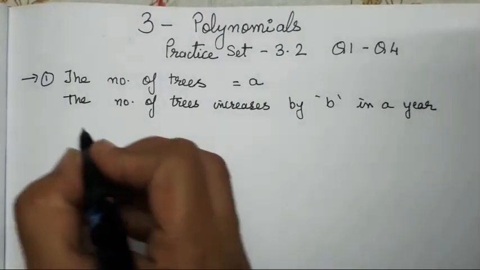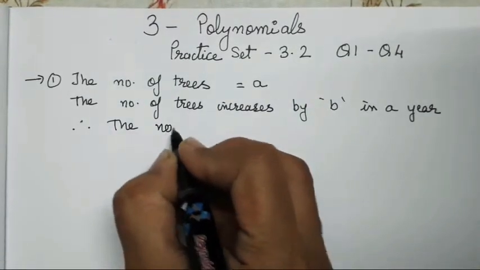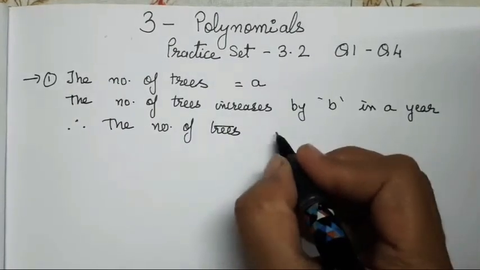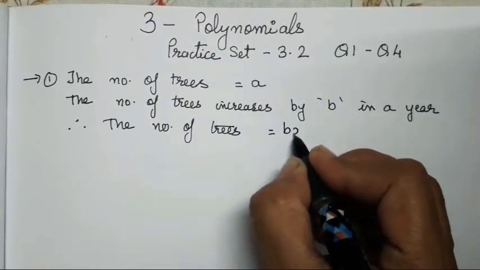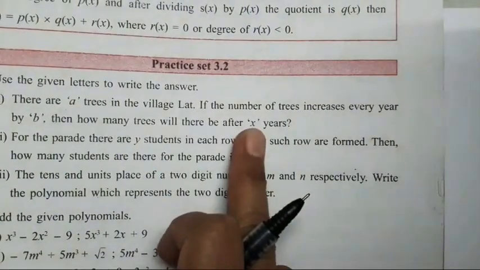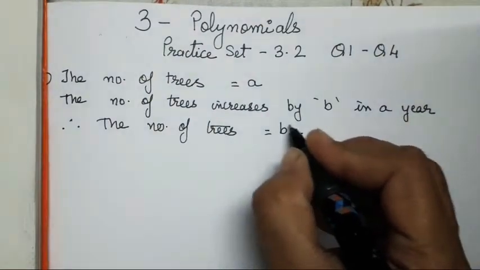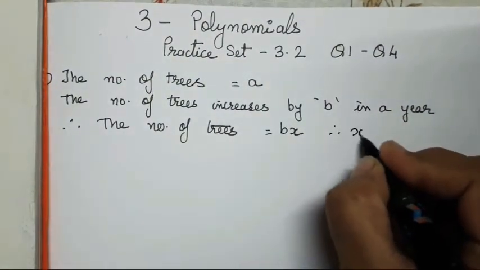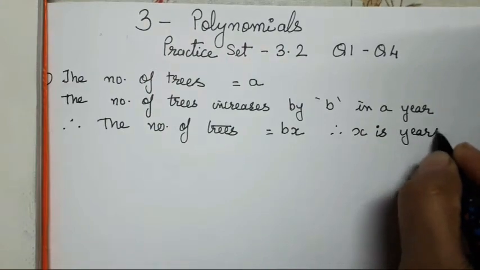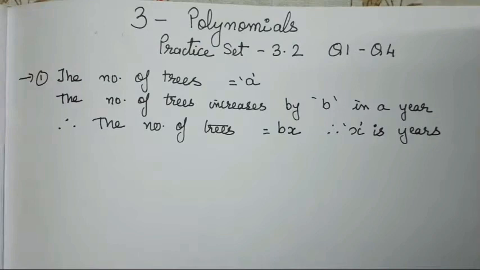Therefore the number of trees will increase by how much? Bx. Why x? Because they have said years, isn't it? So x is going to be the years. Okay, so this is what we have been given in the question.